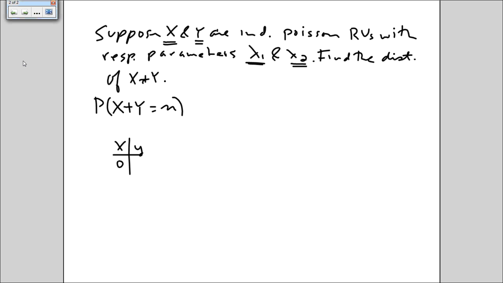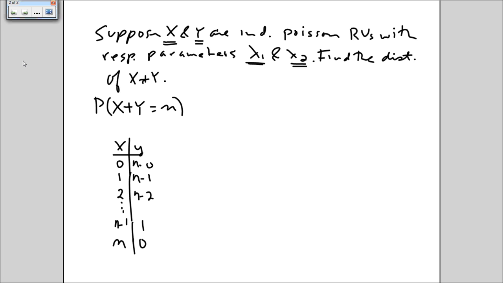We can have 0 and n minus 0, which is n. We can have x being 1 and y being n minus 1, x being 2 and y being n minus 2. We can have all the way down to x being n minus 1 and y being 1, that'll add up to n. Or x can be n and y can be 0. You have lots of ways.